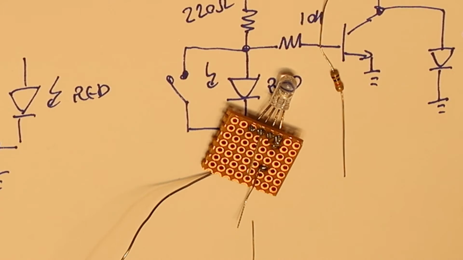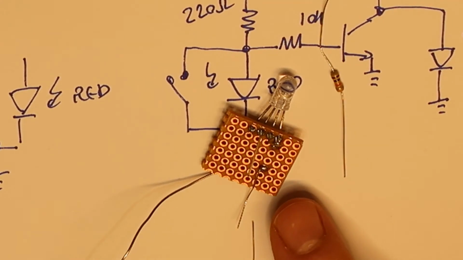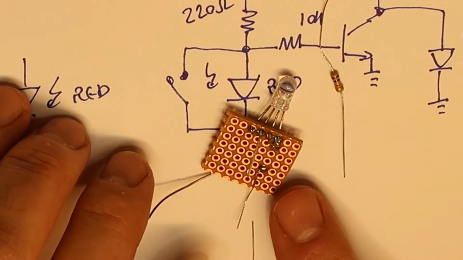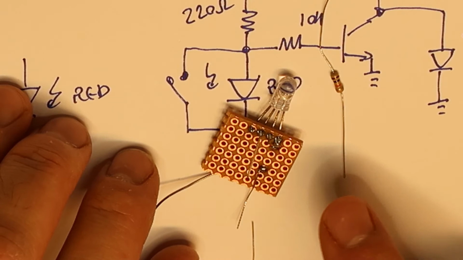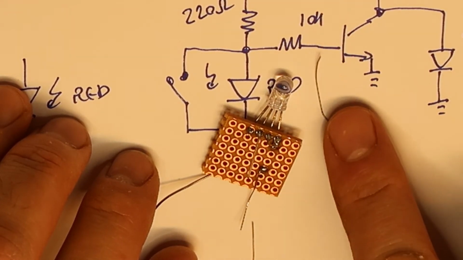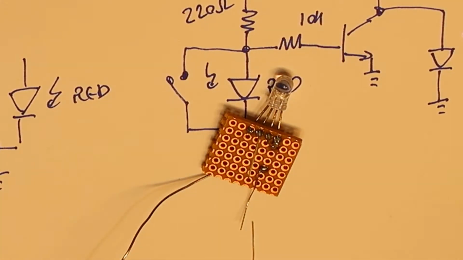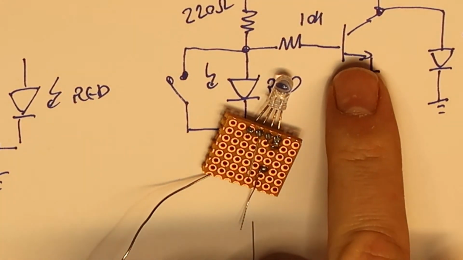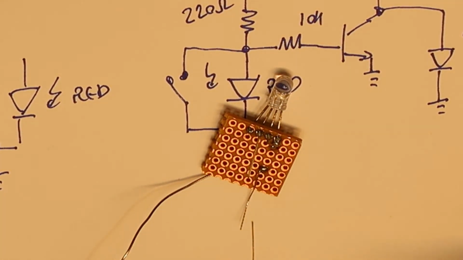Okay, so now the red should be lighting, and now I want to go from the anode of this connection to the base of this transistor.